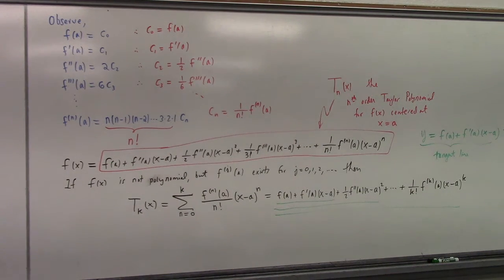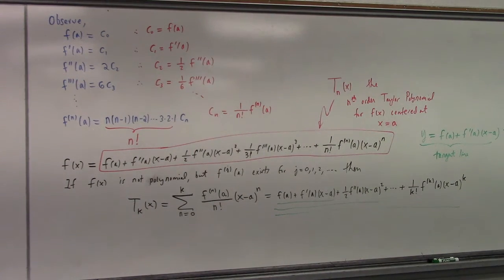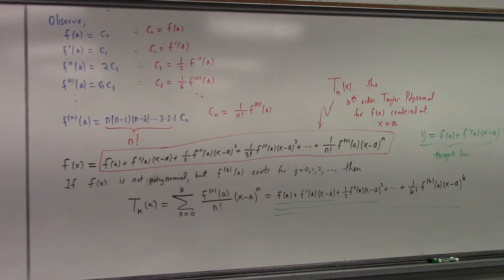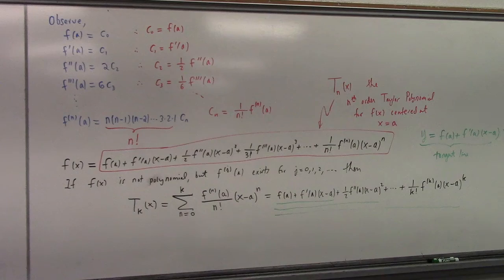Find two derivatives since we're at a, with a equals 1, right? So that means we need to calculate the derivative, second derivative, third derivative, and evaluate those at 1, right? So what's f prime of x? What's f prime prime of x? What's f prime prime prime of x? What are those equal to?